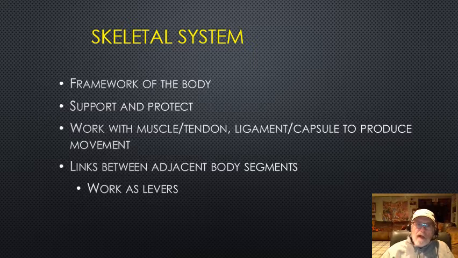So with that under our belt, let's go on and talk a little bit about what the skeletal system really basically is. First of all, it's a framework of the body. If we look at our shape, a lot of this is because of the arrangement and the shape and the position of various bones. Okay, the skeleton gives us a particular reproducible shape.